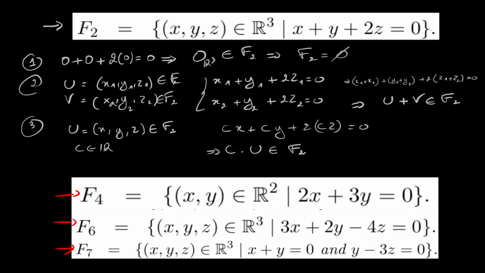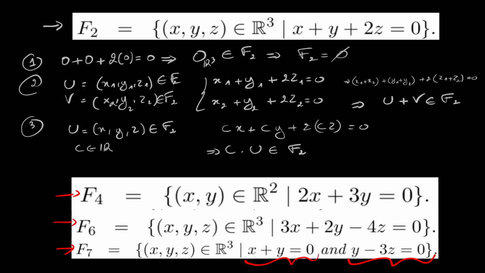Whether it is a single line or the intersection of two planes, like in F7, all these sets contain the zero vector and are closed under linear combination.